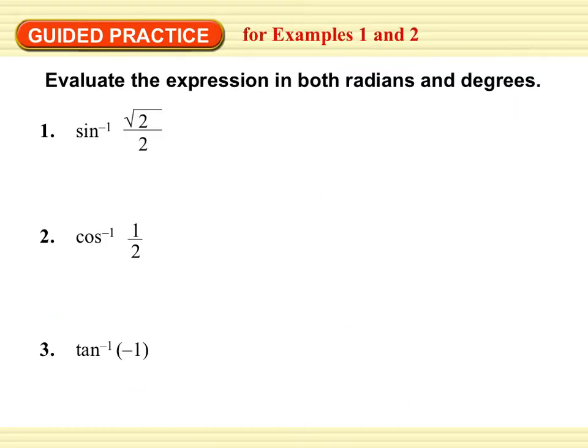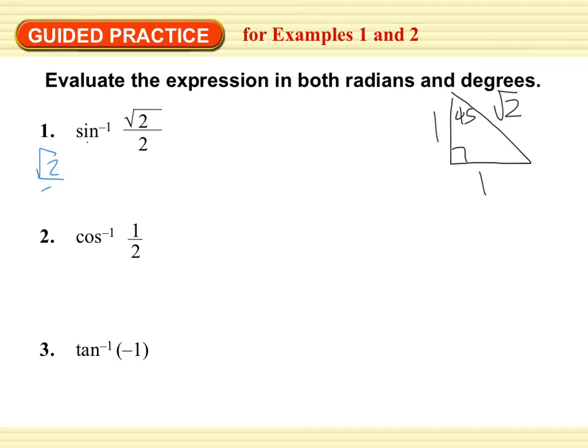All right, evaluate the expression in both radians and degrees. So let's go ahead and try it. Square root 2 over 2 makes me think of the 45, 45, 90 degree triangle, which has sides 1, 1, and square root of 2.